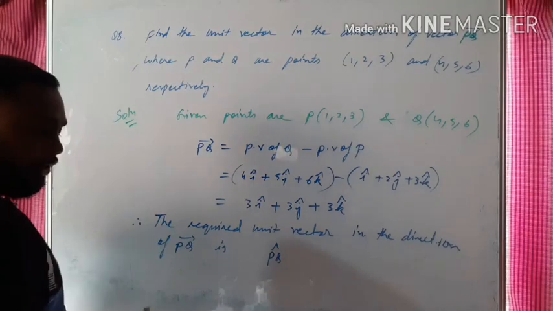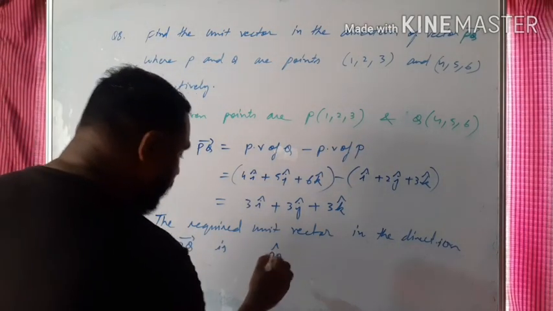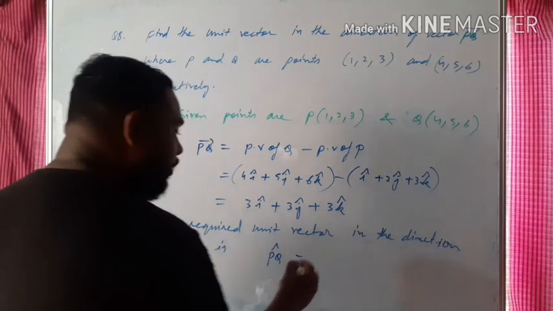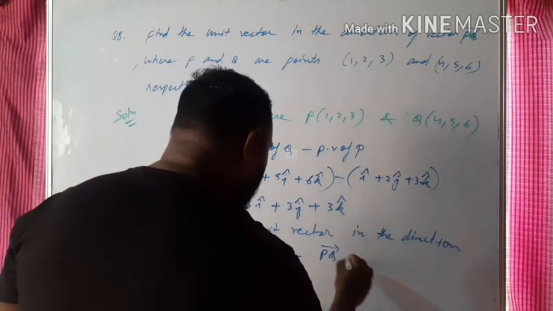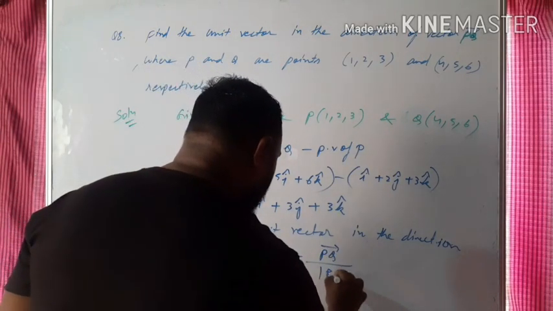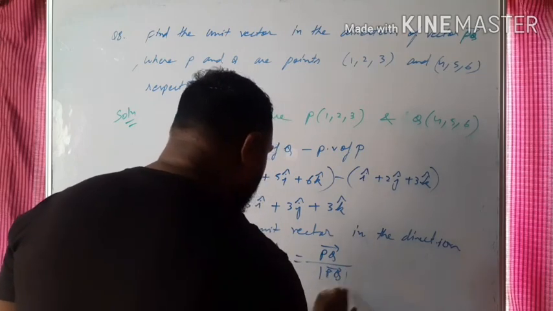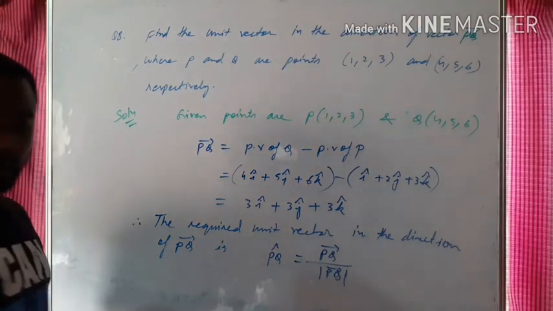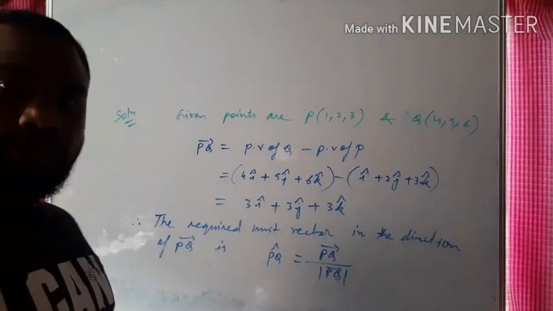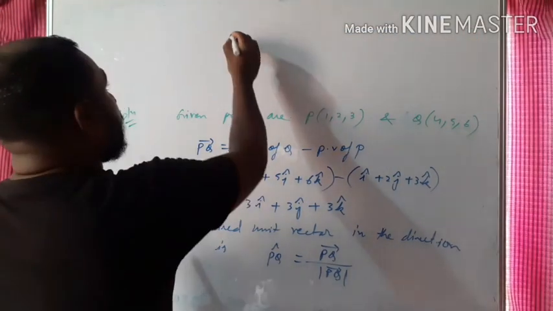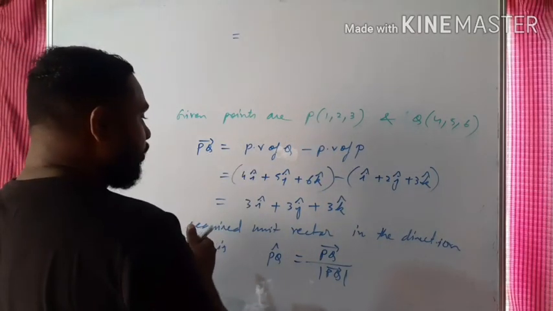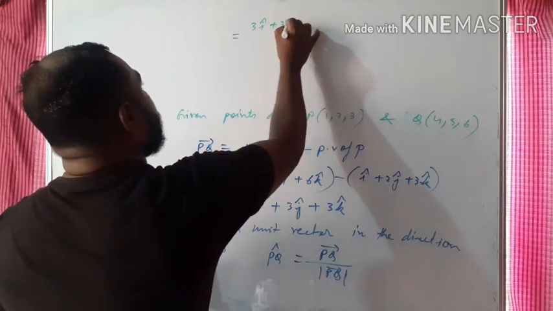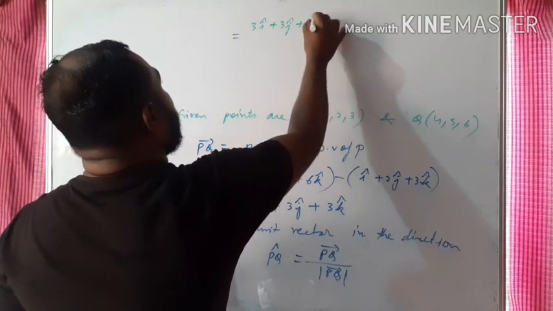PQ vector was there, so I am writing PQ cap. That is the notation of a unit vector. So it will be PQ bar by the magnitude of the PQ vector. Okay, so this is the formula. Just substitute the values there. The PQ vector is 3i plus 3j plus 3k.